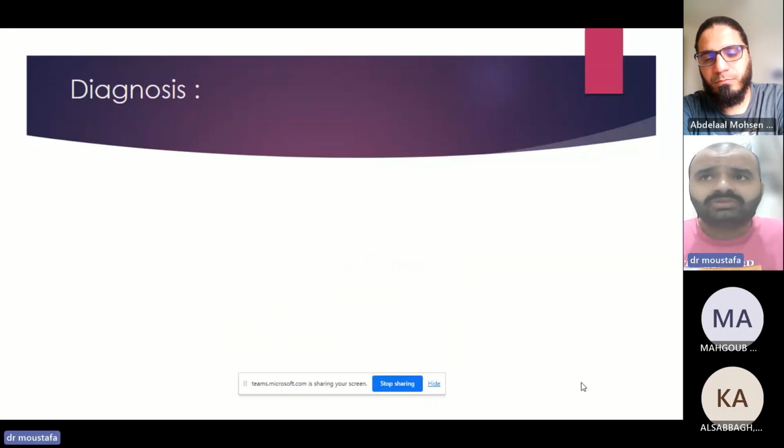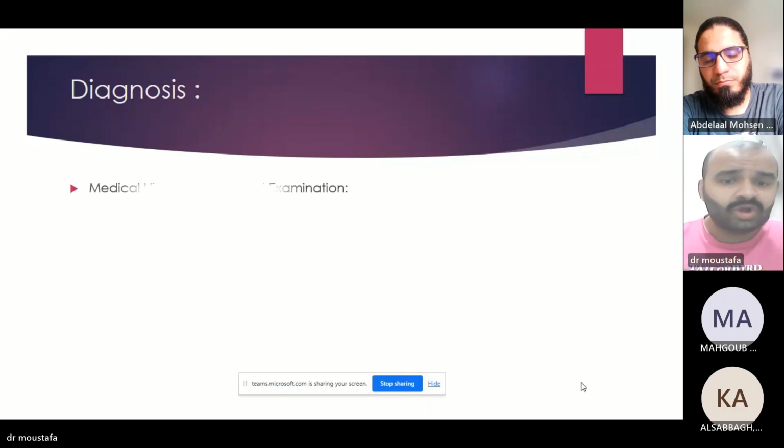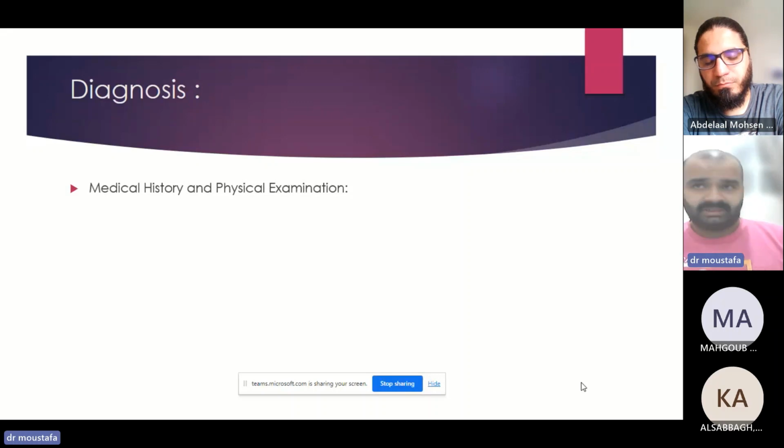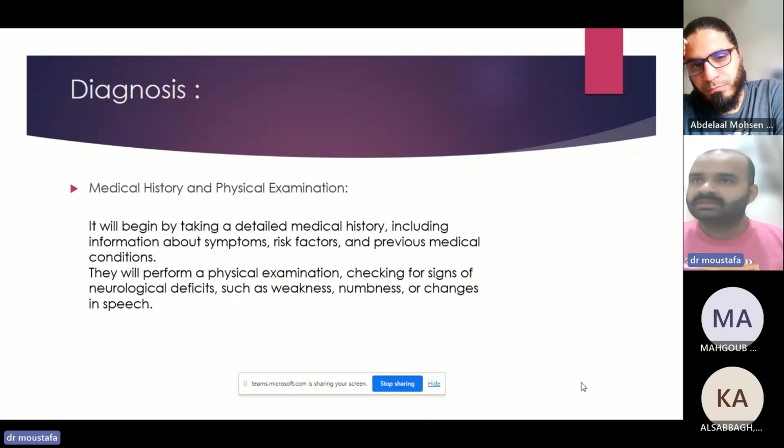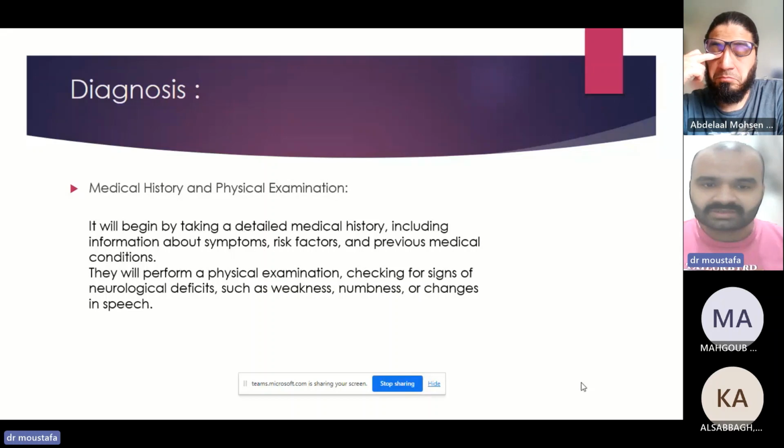Okay. So, doctor, how to diagnose a stroke? Obviously, as I said before, number one in diagnosis is the medical history and physical examination. All right. You will need to start by taking a detailed medical history. You need to ask about the symptoms we have already discussed, the risk factors as told, and various medical conditions.